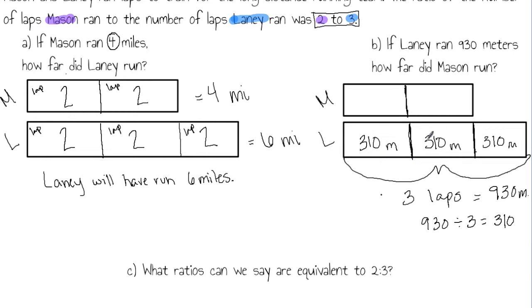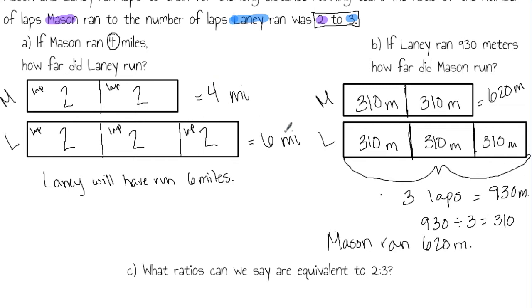Now, if each of Lainey's laps is worth 310 meters, then that means that each of Mason's laps have to be worth 310 meters as well, which means he would have ran 620 meters. So then we write our sentence. Mason ran 620 meters.